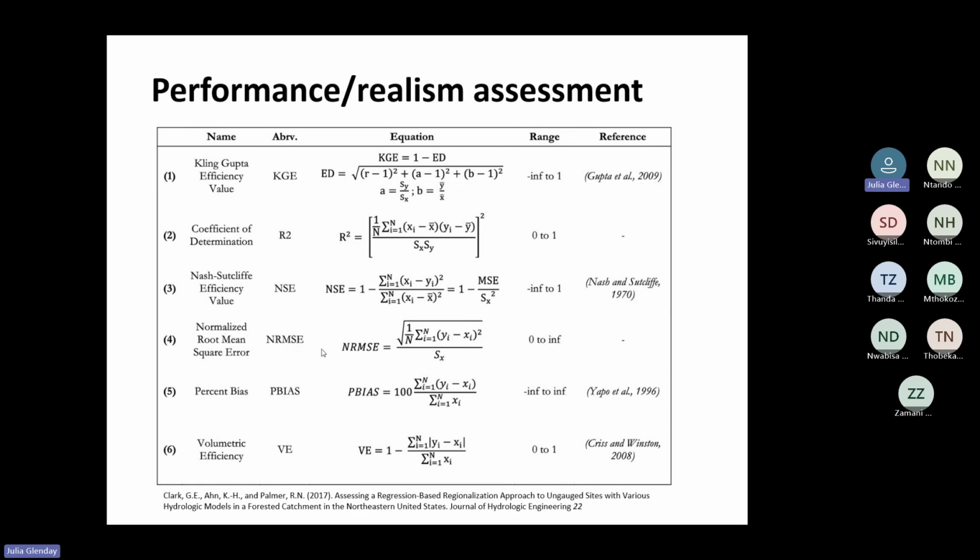Whereas root mean square error, because each error is squared, and then you sum them, and then you take the square root again, the highs and the lows don't cancel each other out.